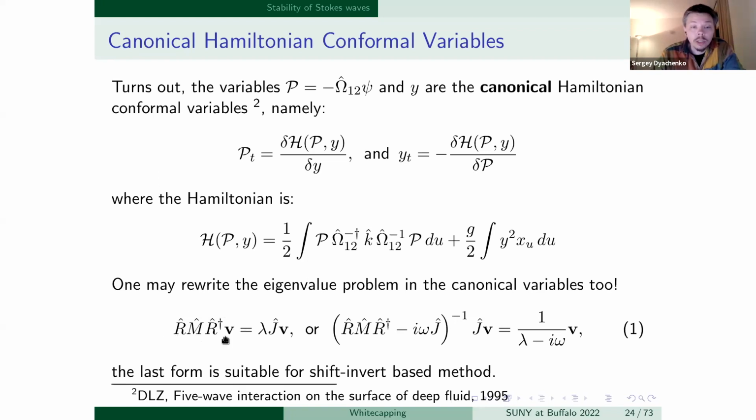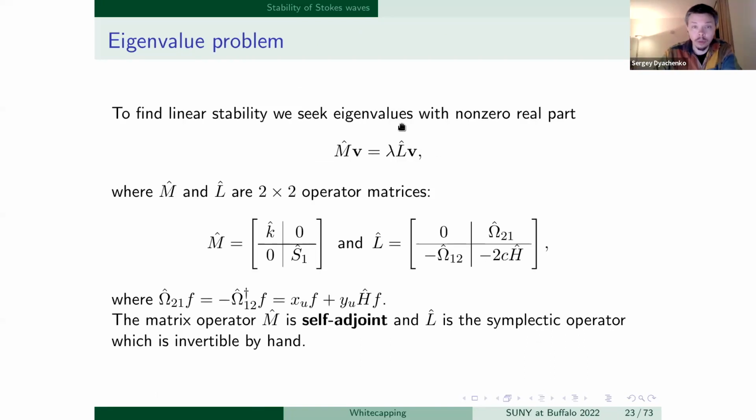It's by construction a self-adjoint operator, because M was self-adjoint, and such a combination, with R on the left and the adjoint operator R dagger on the right, automatically makes this self-adjoint. And the operator J can also be written down explicitly. It becomes much nicer than the original operator L that appeared in this eigenvalue problem.